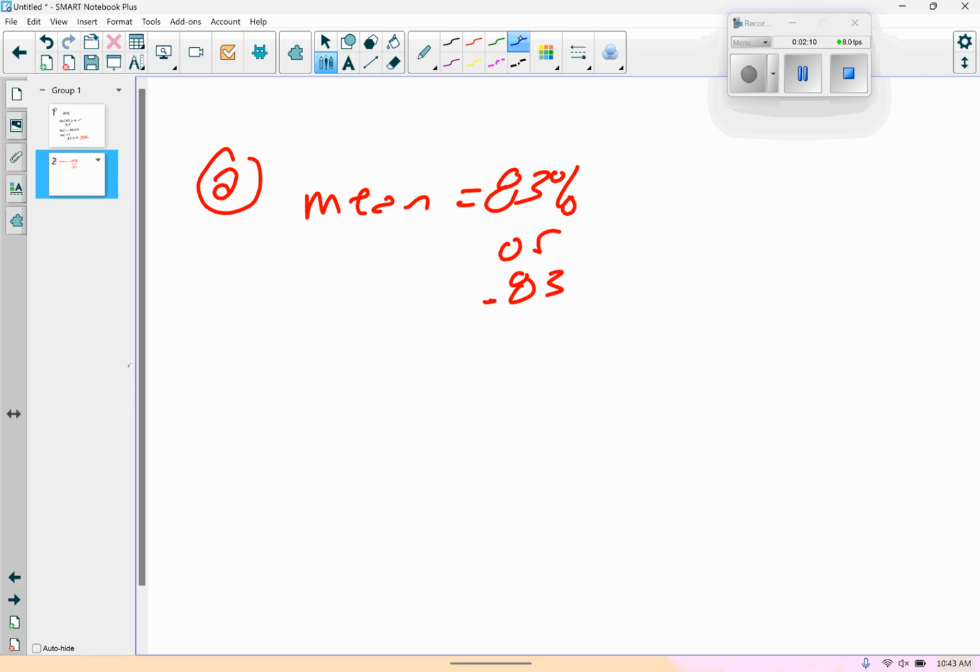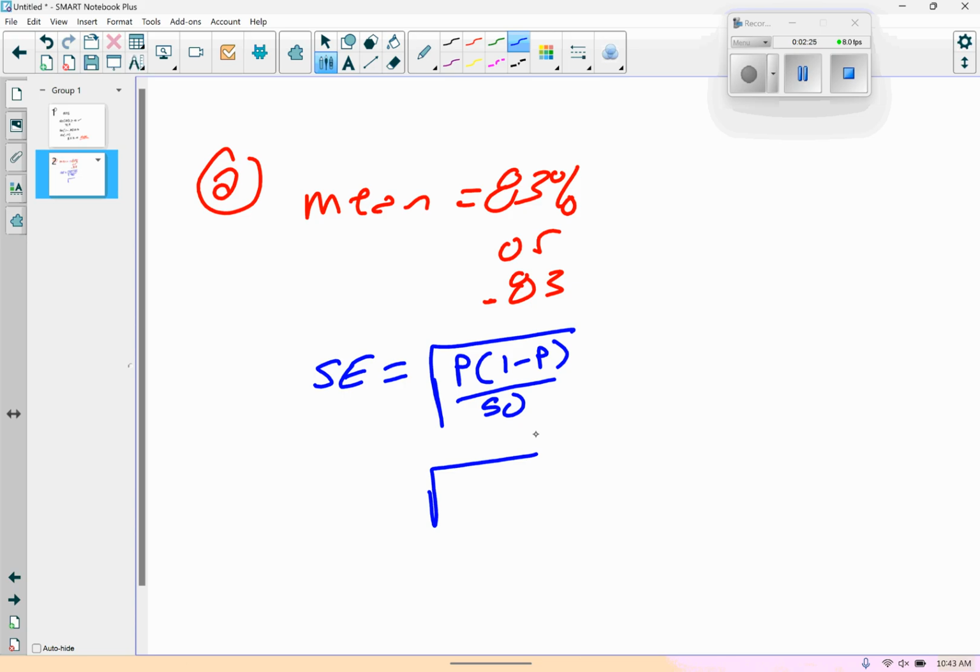And then we want to find the standard error. Remember, the standard error takes the place of the standard deviation. So that's going to be the square root of P times 1 minus P, all divided by 50. In this case, P is 0.83. So 1 minus 0.83, divided by 50, and this is going to find our standard error.